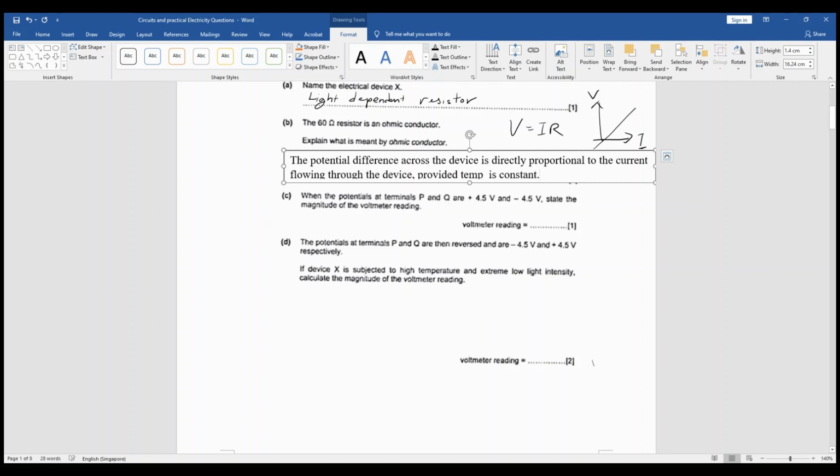Okay, stop. Because if the heat goes up, then everything changes. Okay, that's what I mean by ohmic conductor.